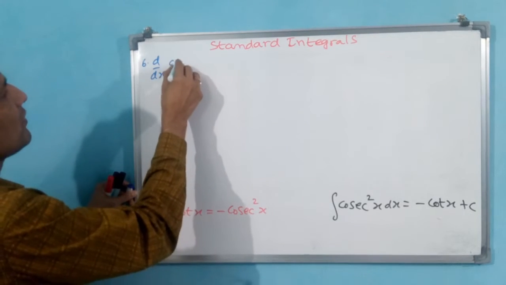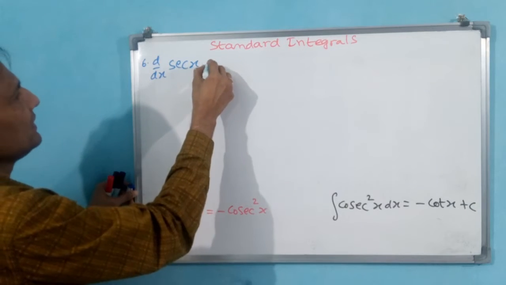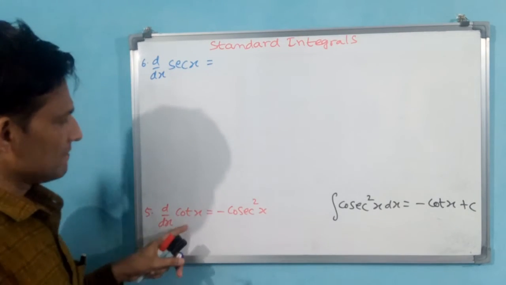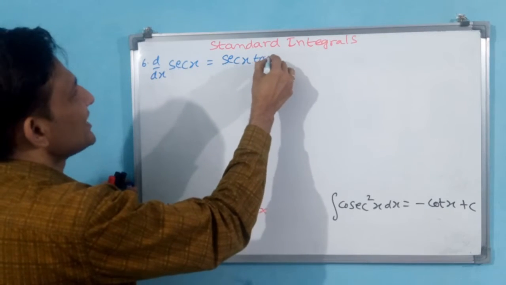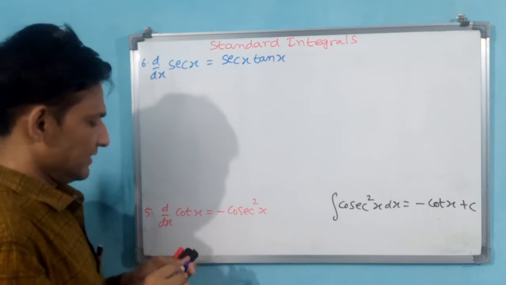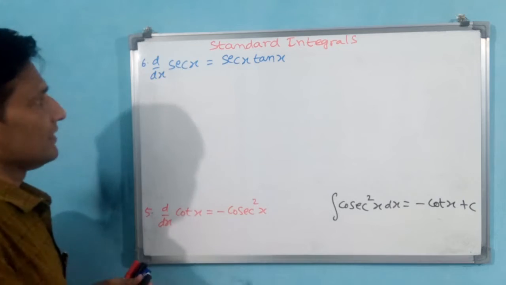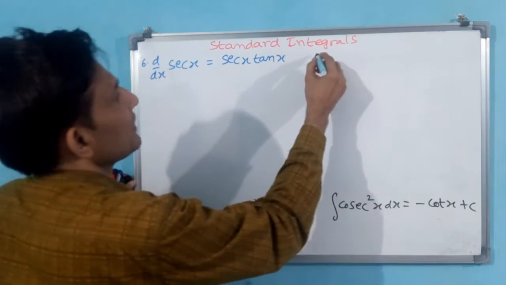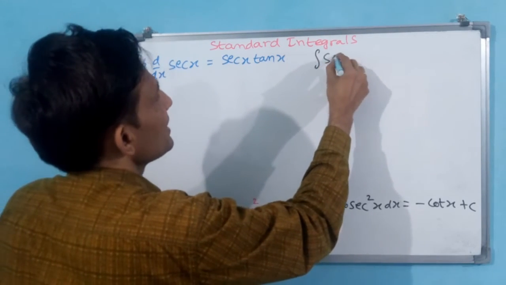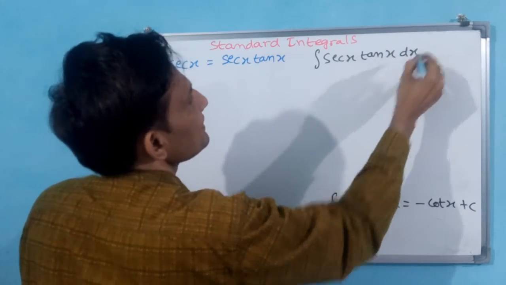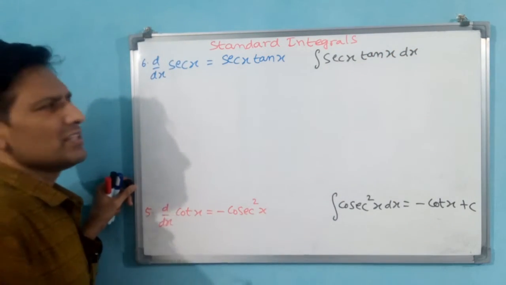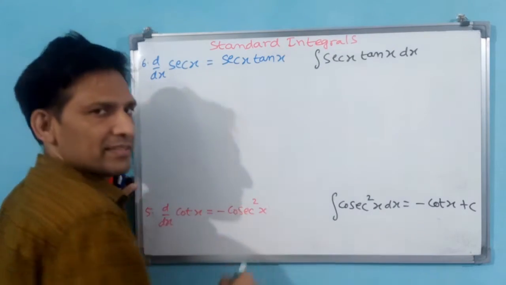D by dx of secant x is equal to secant x tan x. Okay? Integral secant x tan x dx. See here, you need not keep parenthesis or bracket.